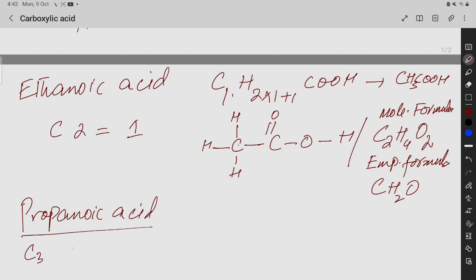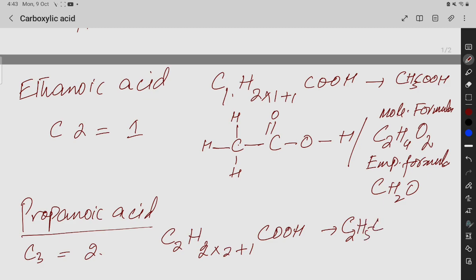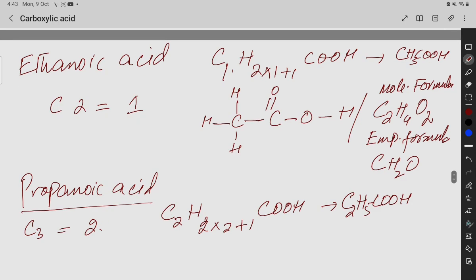C3, but we are taking 2, okay, n is 2, C2H2 into 2 plus 1, COOH, and this is 2 into 2 plus 1, C2H5COOH. So this is ethanoic acid, propanoic acid, okay.